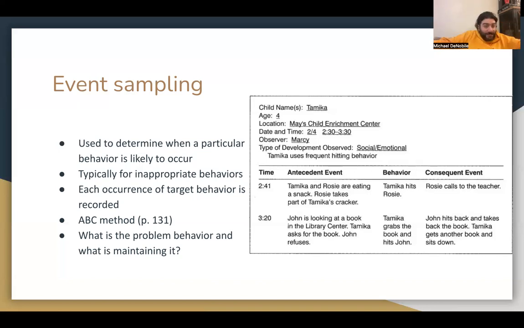Now that we see these different observations next to each other, we can now talk about possible next steps. It should be noted that Tamika is 4 years old, so she's in pre-K or kindergarten, around there, and maybe her inappropriate behavior has to do with her age.